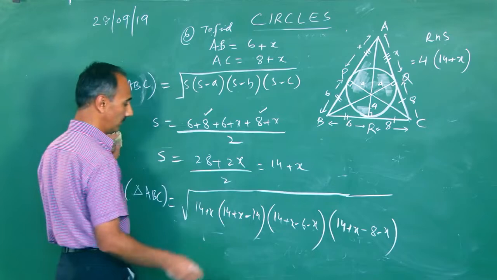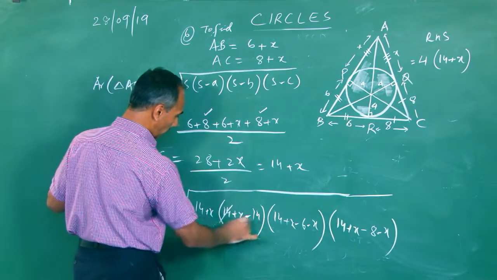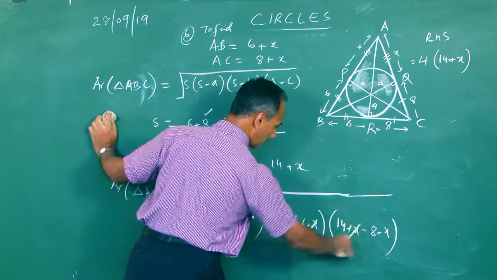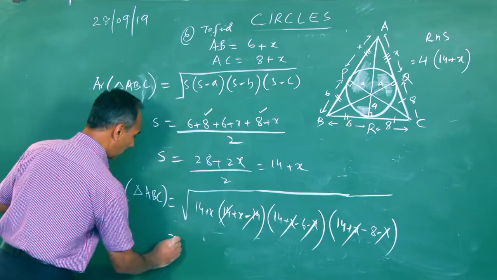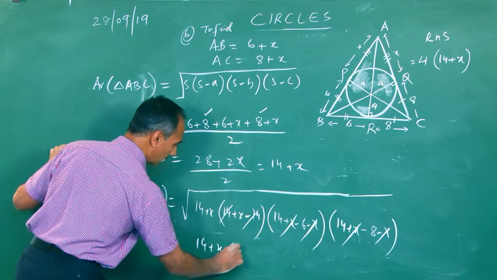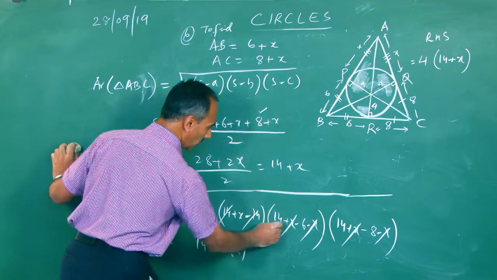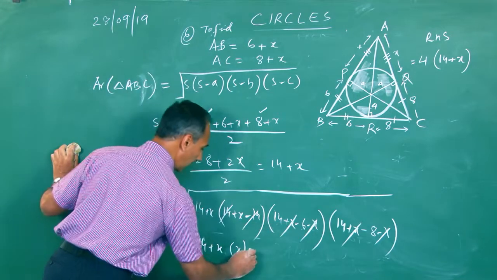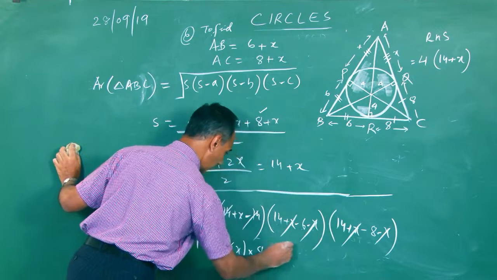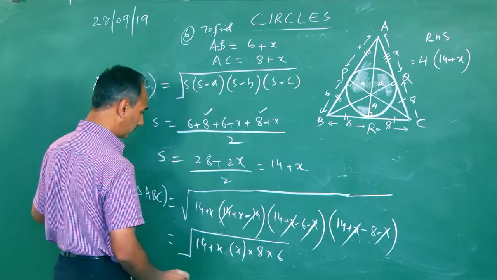So 14 goes with 14, x goes with x, x goes with x. So what is left? It's 14 plus x into x into 14 minus 6, that is 8, into 14 minus 8, that is 6, square root of that.